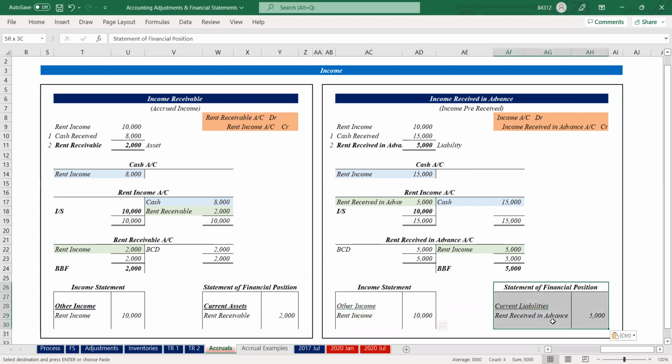For statement of financial position, we have a rent received in advance and the current liabilities. 5,000.